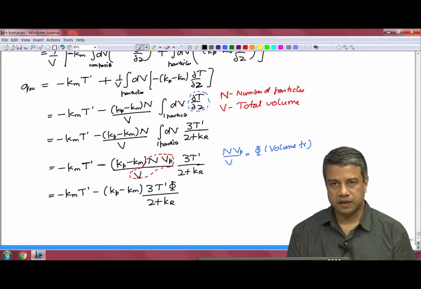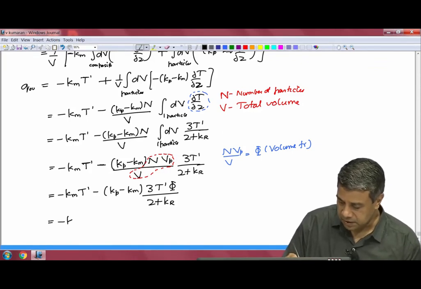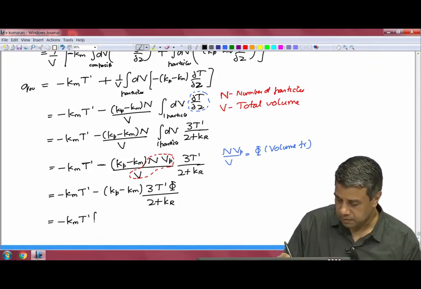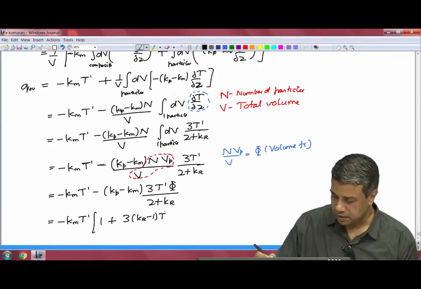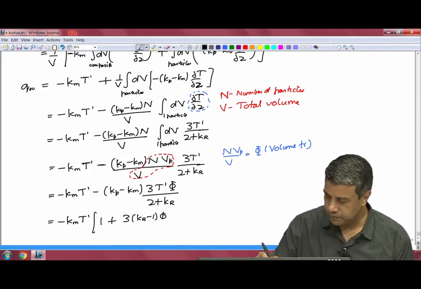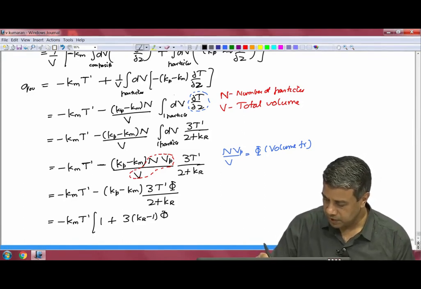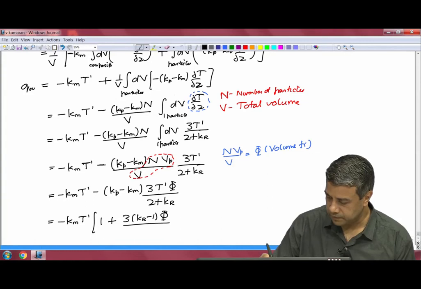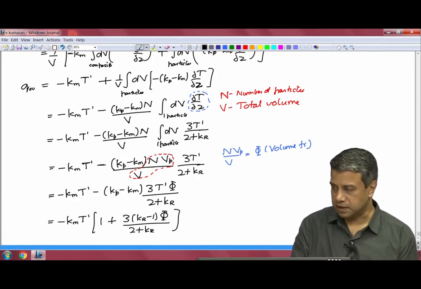I can take a common factor of Km times T′ out. So, this is equal to minus Km T′ into 1 plus 3 into (Kr minus 1) times the volume fraction divided by 2 plus Kr, where Kr is the ratio of the thermal conductivities of the particles and the matrix.